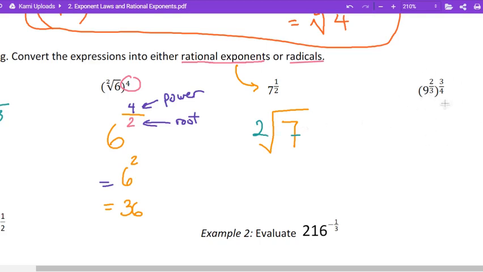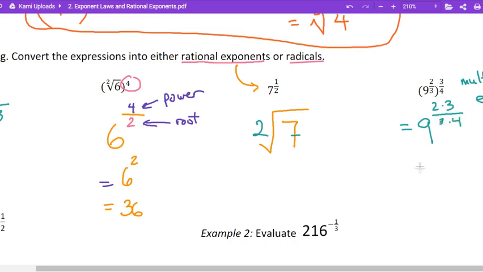All right, lastly, I have 2 exponents, and they're both fractions. Let's simplify first. When we have a power of a power, I multiply the 2 exponents first. So I've got 2 times 3 over 3 times 4.